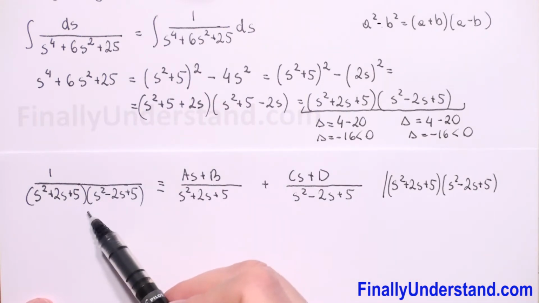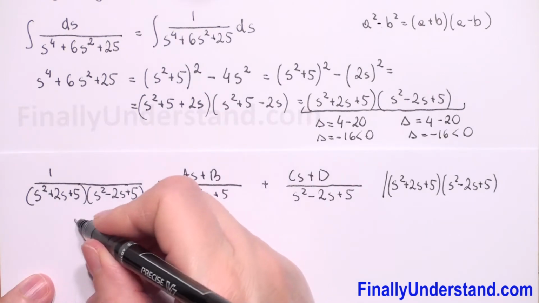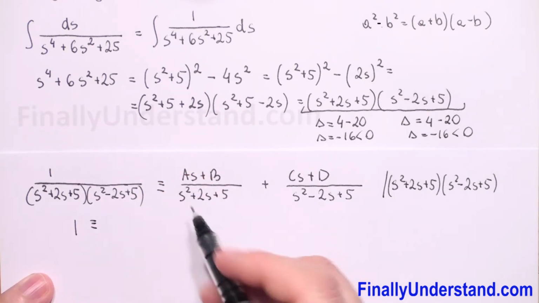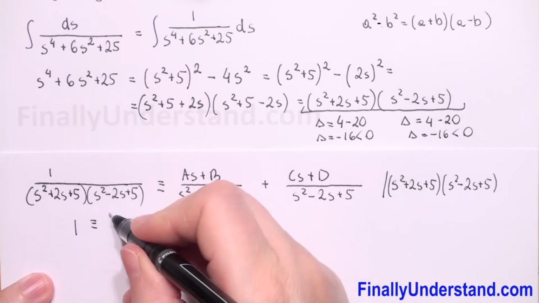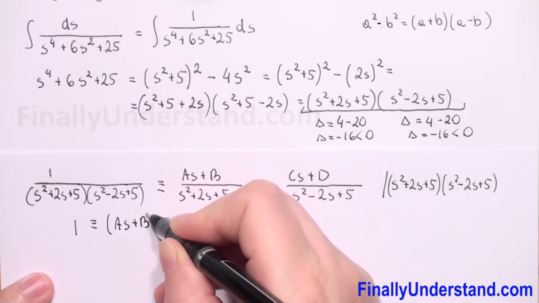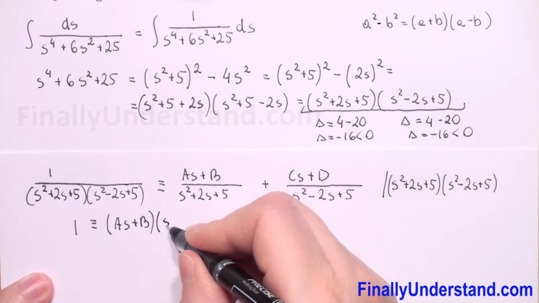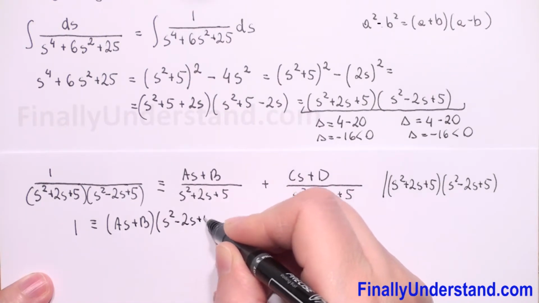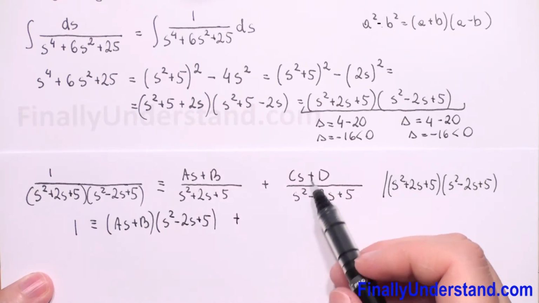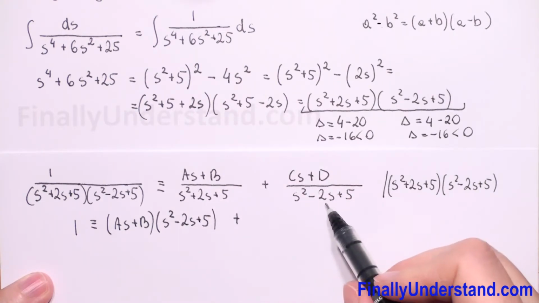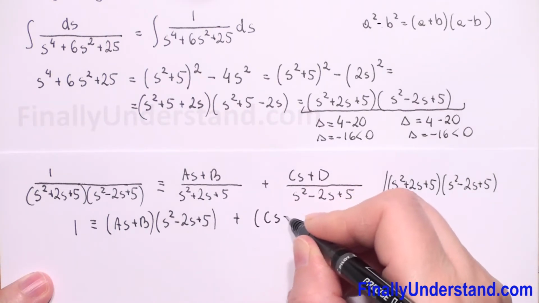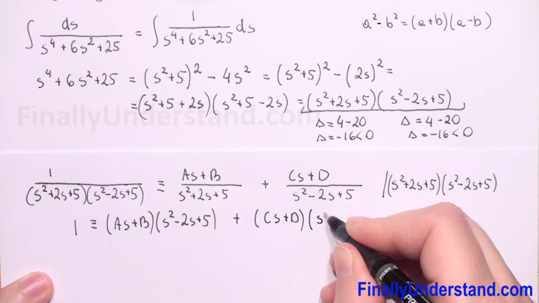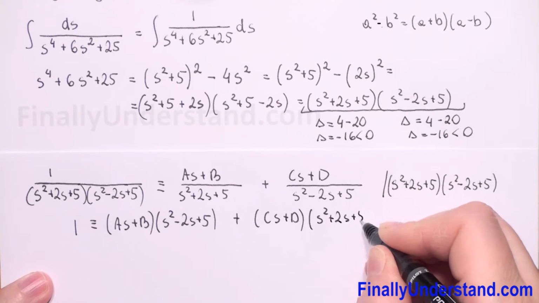So the denominator on the left side will reduce and we will have only 1 is identically equal to, and when we multiply the first expression by this whole part, the denominator will reduce and we will have (as plus b) times (s squared minus 2s plus 5) plus, in the second fraction, the denominator s squared minus 2s plus 5 will reduce and we will have only (cs plus d) times (s squared plus 2s plus 5).